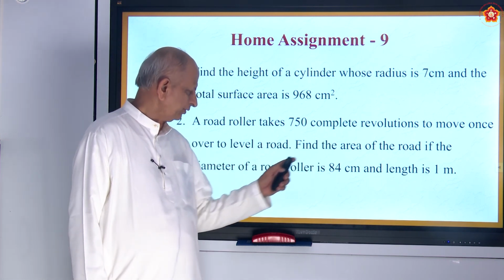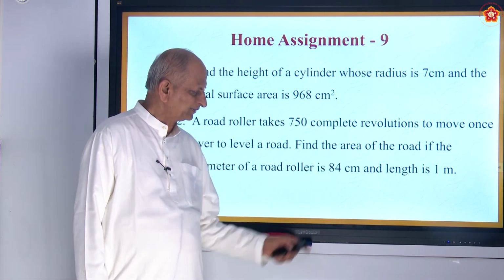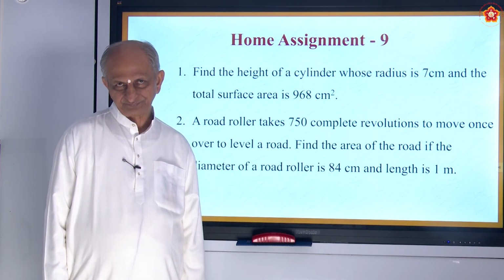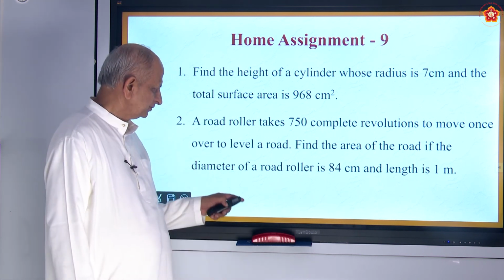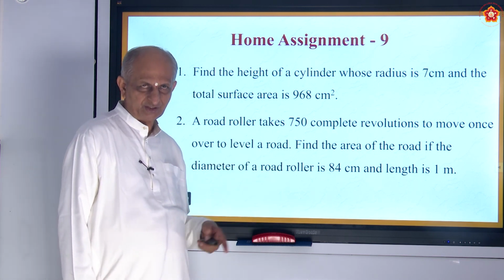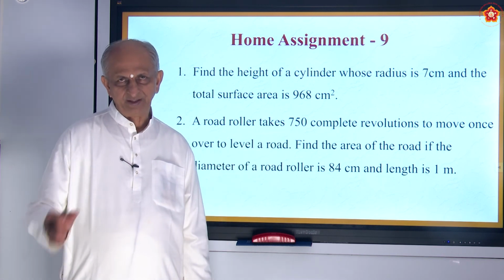Find the area of the road if the diameter of the road roller is 84 centimeters and length is 1 meter. Here again you must find the curved surface area of the roller, 2 pi r h, and then you must multiply by 750. That is the area.